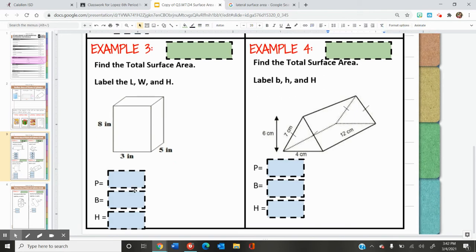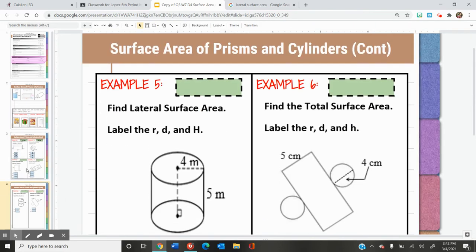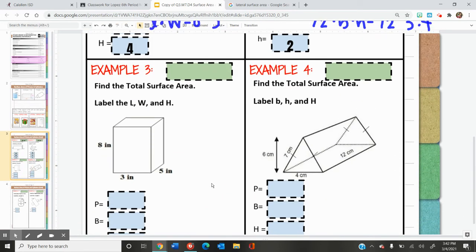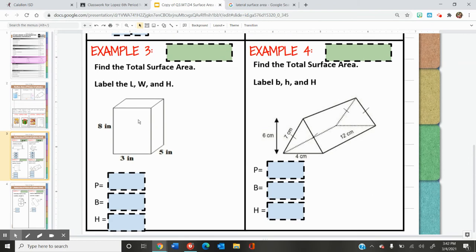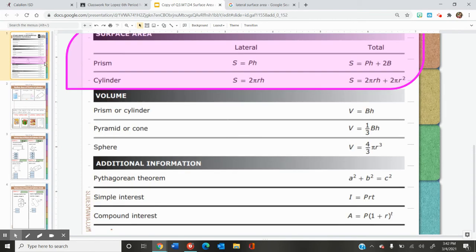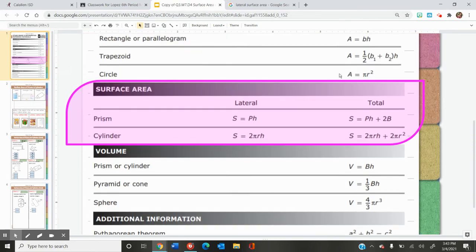So let's go on to example 3. This time we're going to find the total surface area. Now, when I find the total surface area, that includes all the sides plus the bases. So for starters, let's get the formula for total surface area. Going to my formula chart, the formula for total surface area of a prism is S equals pH plus 2B.